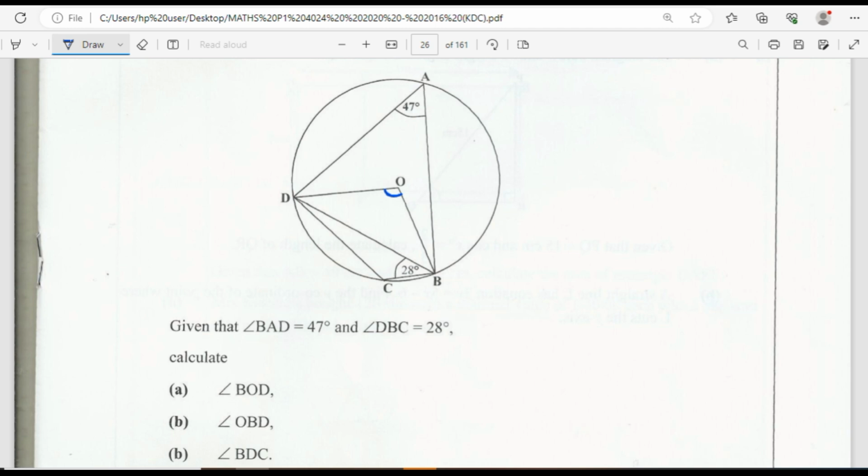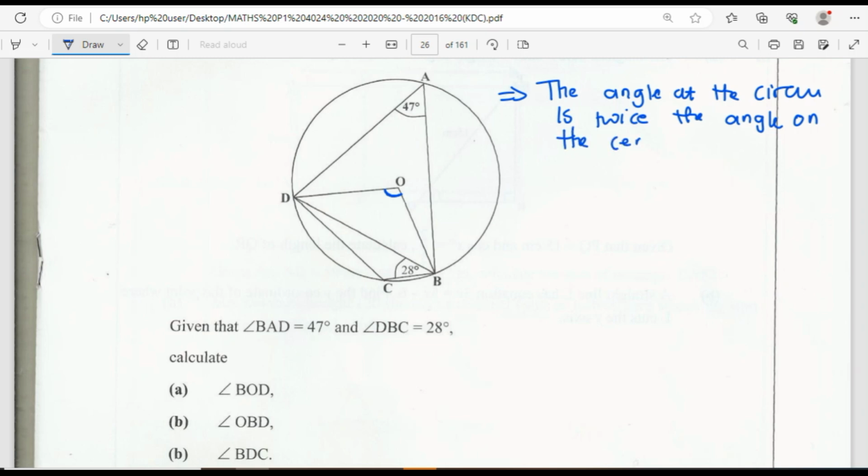Remember the angle at the circumference is twice the angle at the center. So that is the principle that we are supposed to use.